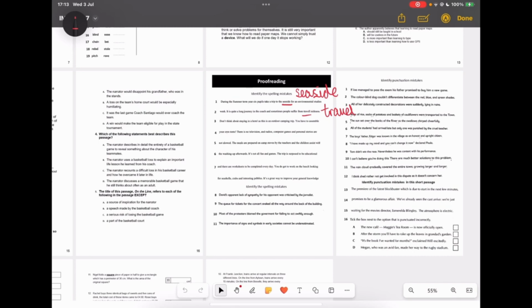Don't think about staying in a hotel, as this is an outdoor camping trip. You'll have to assemble. This one has no spelling mistakes. 4. Your own tents. There is no television and radios. Computer games and personal stereos. Stereos is incorrect. So stereos.